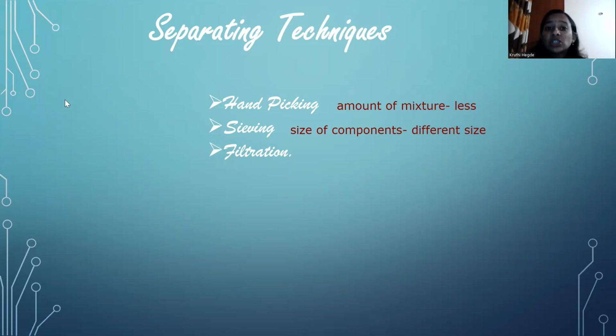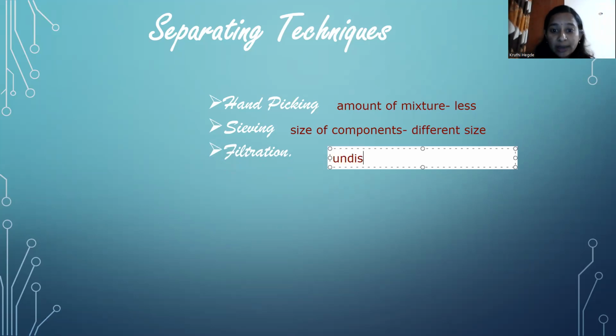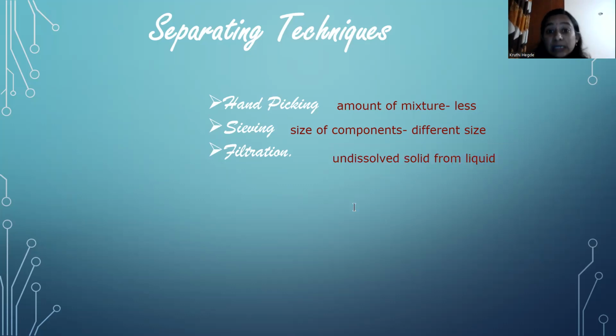So this filtration method is used when we need to separate undissolved solid from liquid. It should not be dissolved. So we use various of these techniques in our daily life, especially in our kitchen, to separate out mixtures.